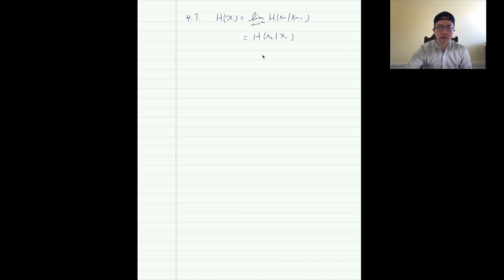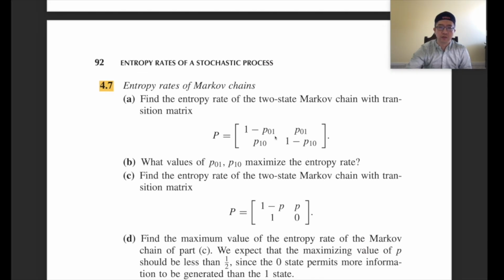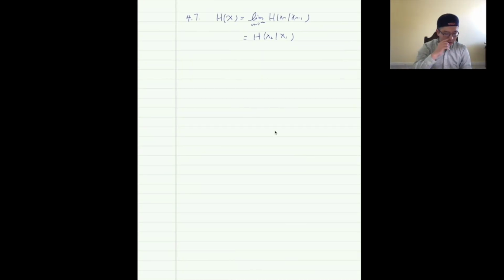Therefore, the question becomes computing the stationary distribution of the Markov chain given by this transition probability. So let's try to compute it. Let pi denote the stationary distribution.